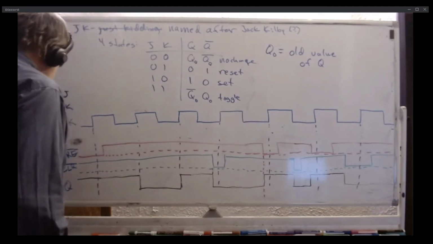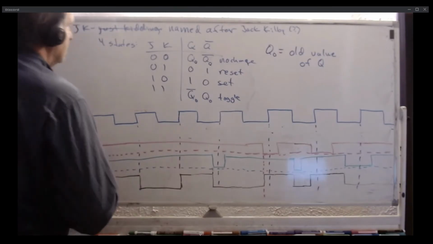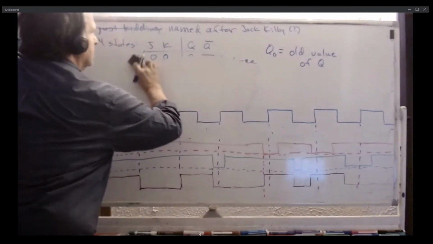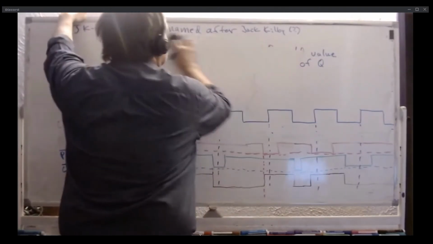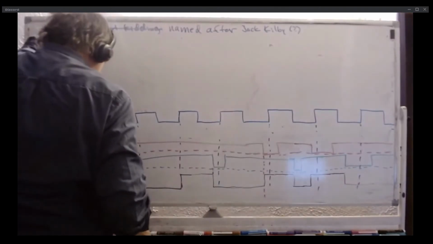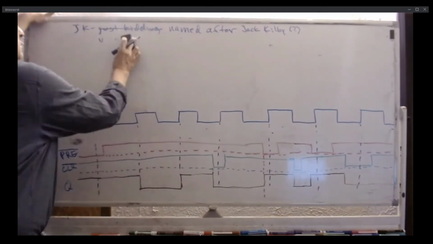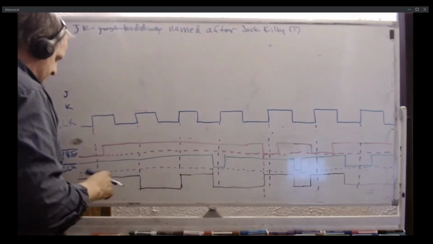Yep. Okay, so I'm going to clobber the truth table and let's do some meaningful JK stuff. Sound good? Oh, I didn't have it. Would you be able to just tell me?